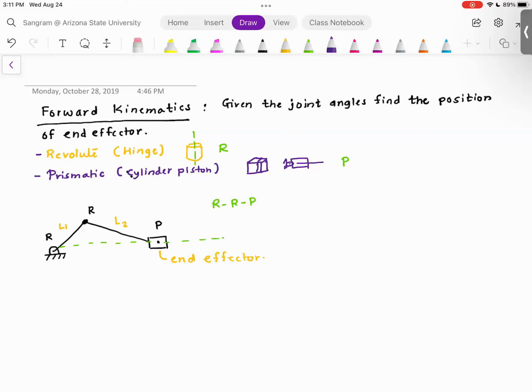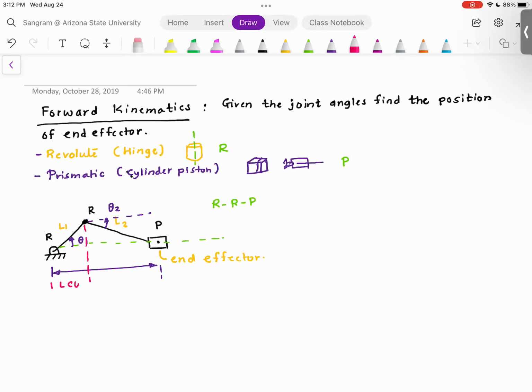And now if I were to give you these angles, theta 1, and I'm going to give you this angle, and I'll tell you the reason why, this angle, theta 2. If I give you theta 1 and theta 2, please understand, you can tell me the position of this end effector. And the position of this end effector is going to be L1 cosine theta 1.